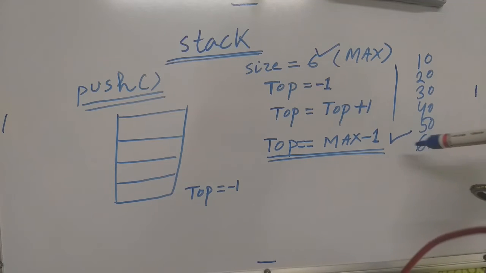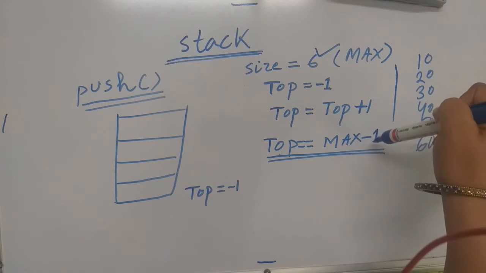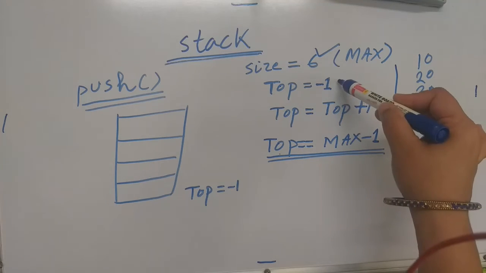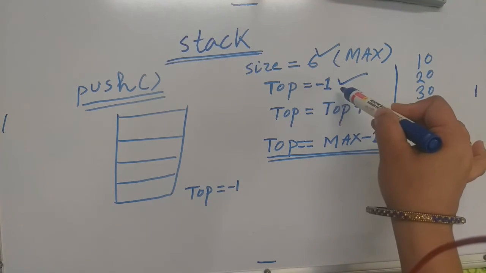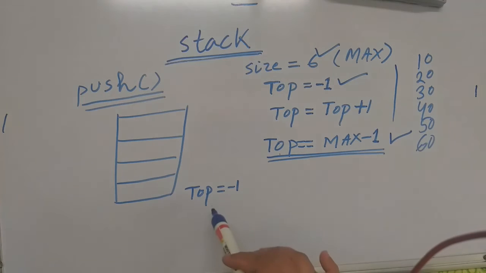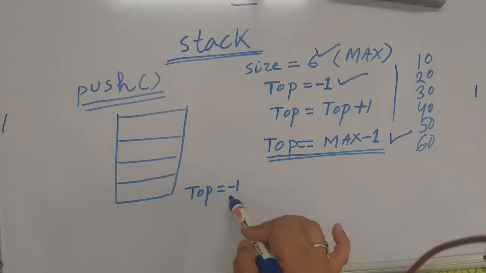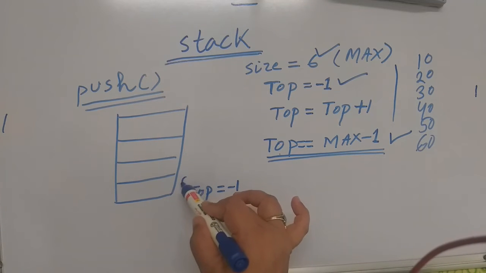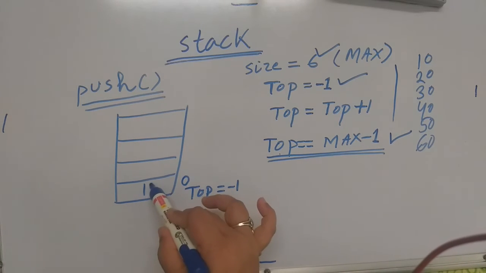So max is taken as 6, and max minus 1 is equal to 5. First we initialize top equal to -1. Then we increment top equal to top plus 1, which is 0. Then we insert the value.